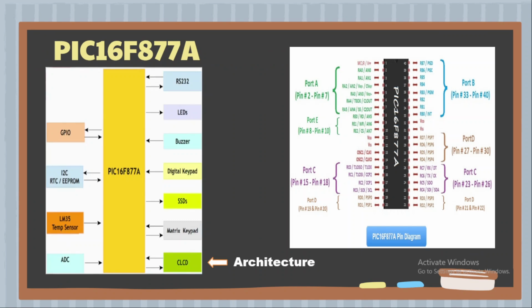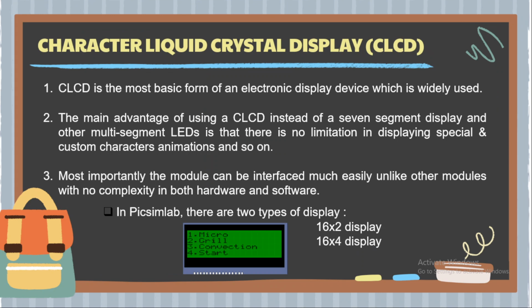Now this is the architecture of PIC16F877A. CLCD means character liquid crystal display, which is the most basic form of electronic display device and is widely used. The main advantage of using CLCD instead of 7-segment display and other multi-segment LEDs is that there is no limitation in displaying special and custom characters, animation, and so on.